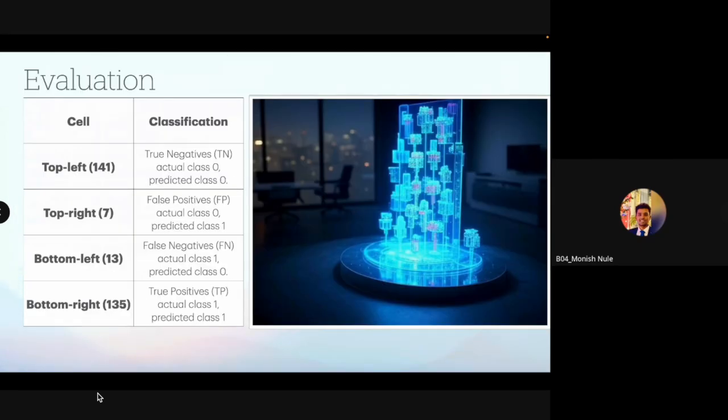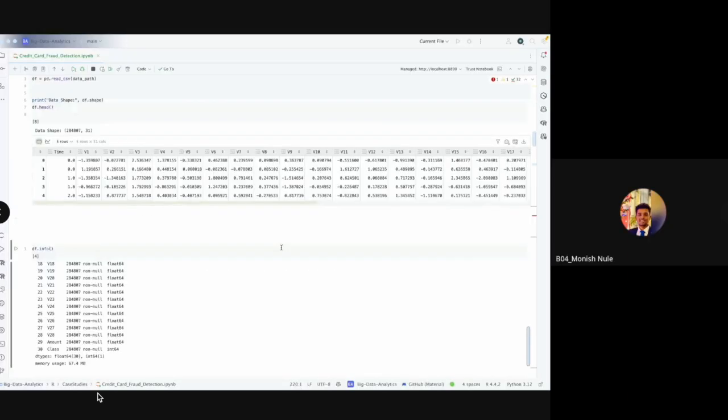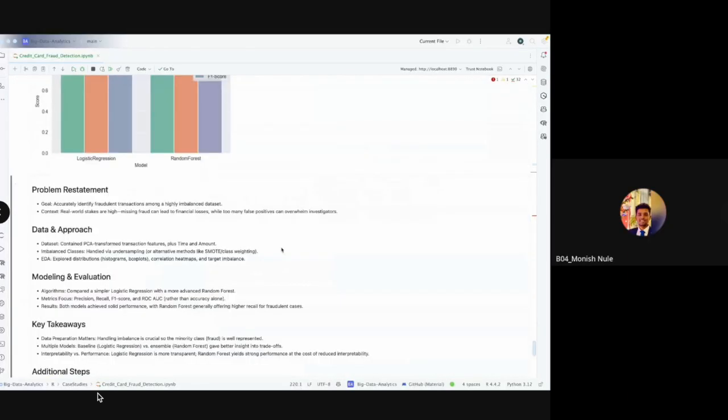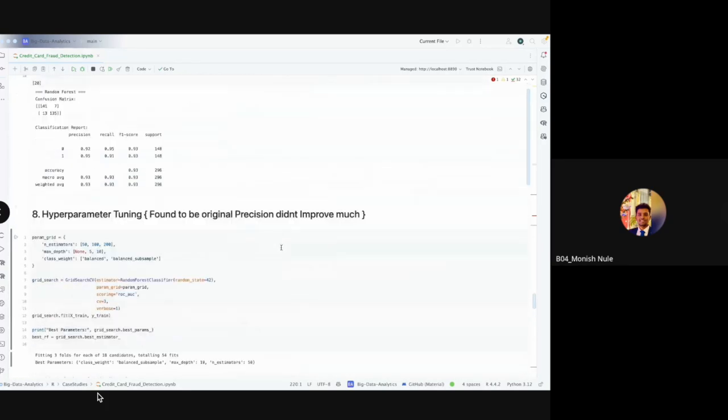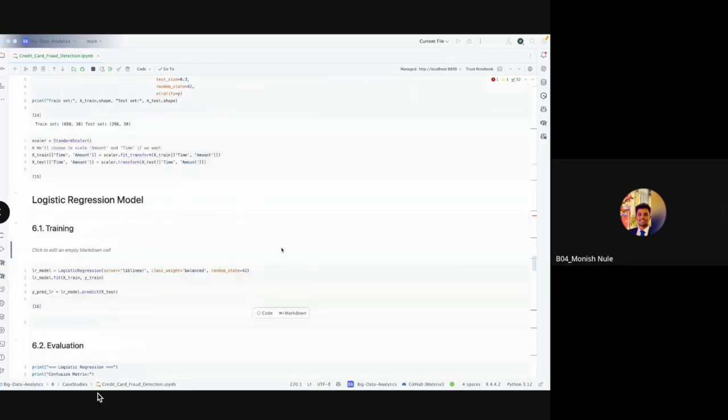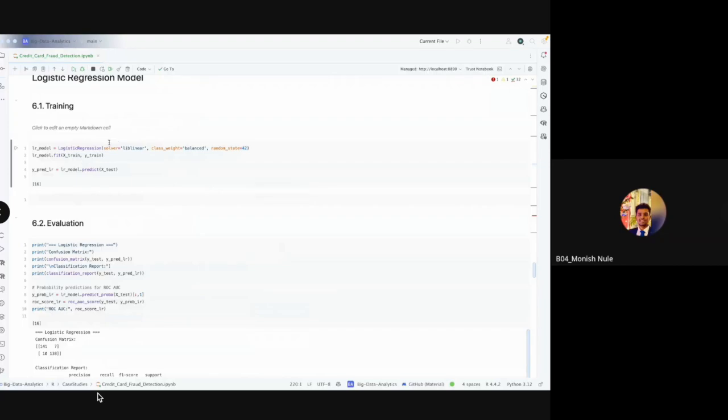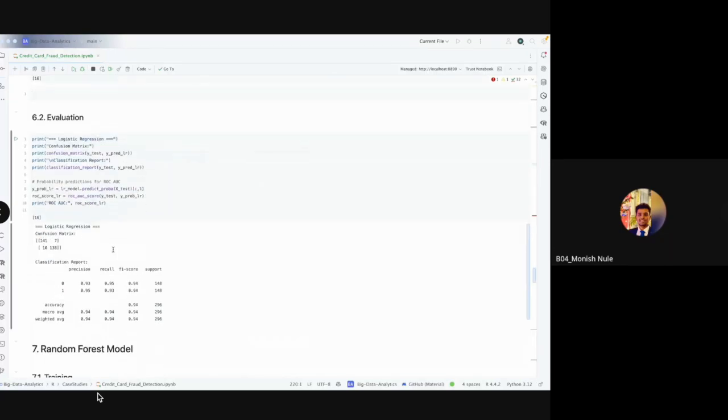So this evaluation is actually in the code implementation. Should I go to code? Yes. Okay. So here we can see this evaluation. This is the training for the logistic model, and this is evaluated with the results.